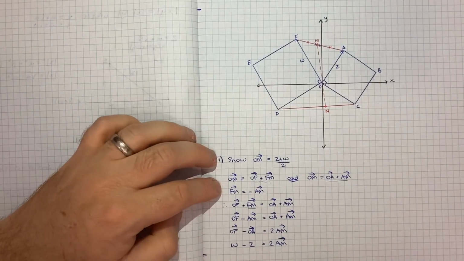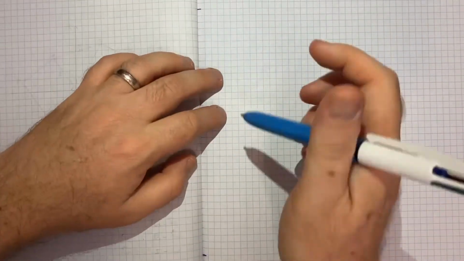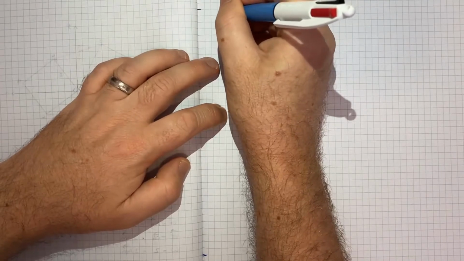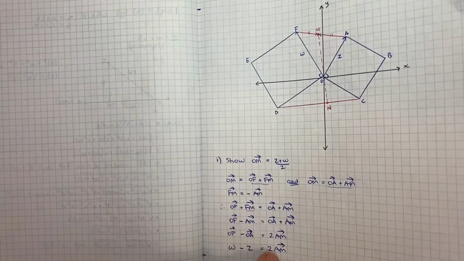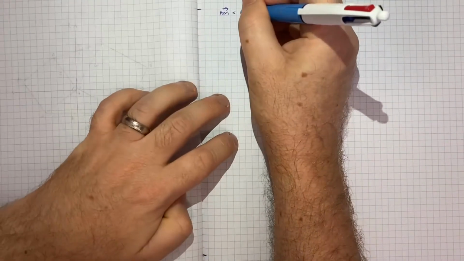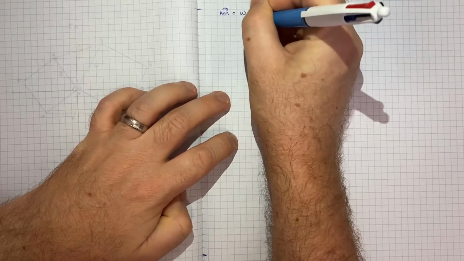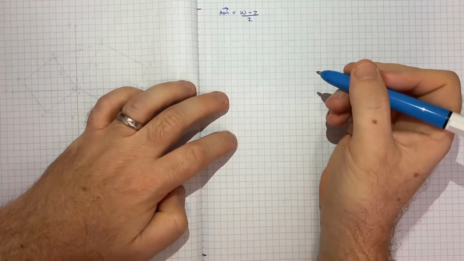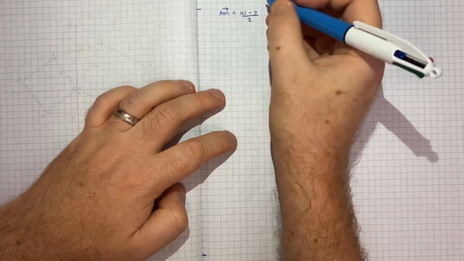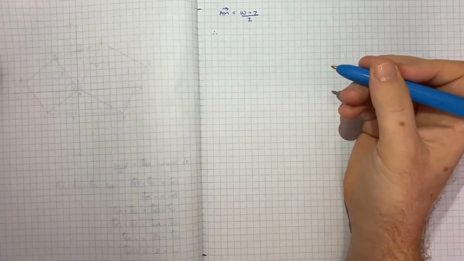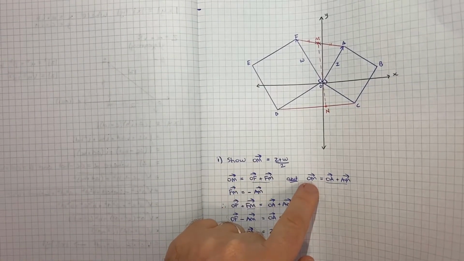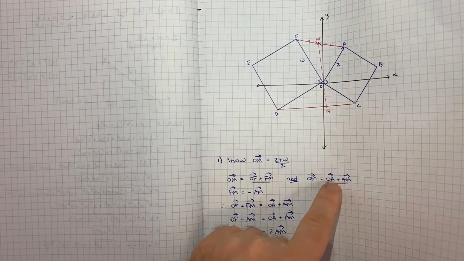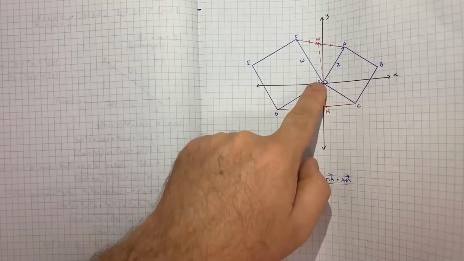What we can do now is rearrange for AM, so we bring the 2 over, and the vector AM is equal to (W minus Z) on 2. Now that we've got vector AM, we can come back to our vector OM, which is what we're concerned about. We've got OA, which is Z, plus AM, which we've just derived.